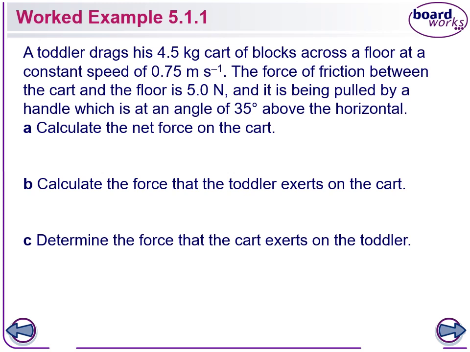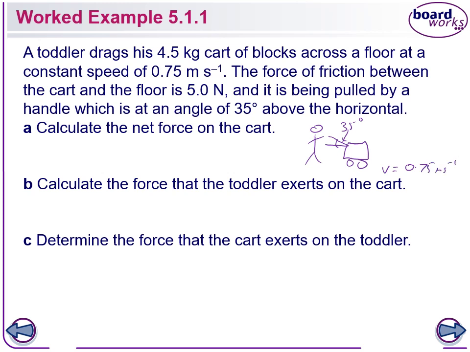So let's draw this. I haven't given you much room to draw, I'm afraid, but there's our cart. Here's our toddler. When I say draw, my artwork is not great, so don't worry too much about yours. So there's our diagram. We know that that angle in there is 35 degrees, and we know that it is a constant speed of 0.75 meters per second.